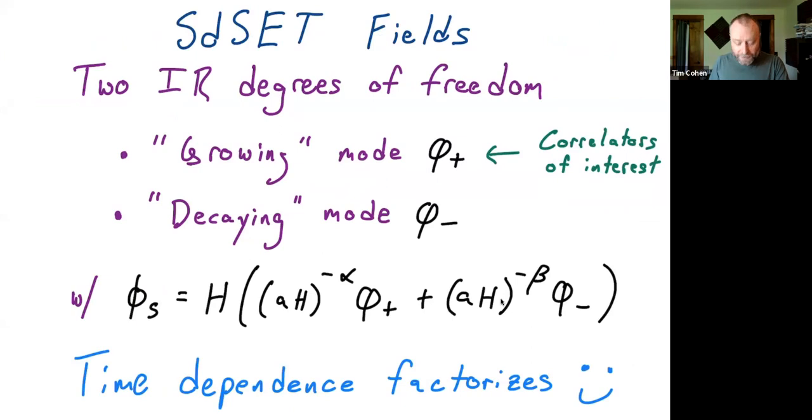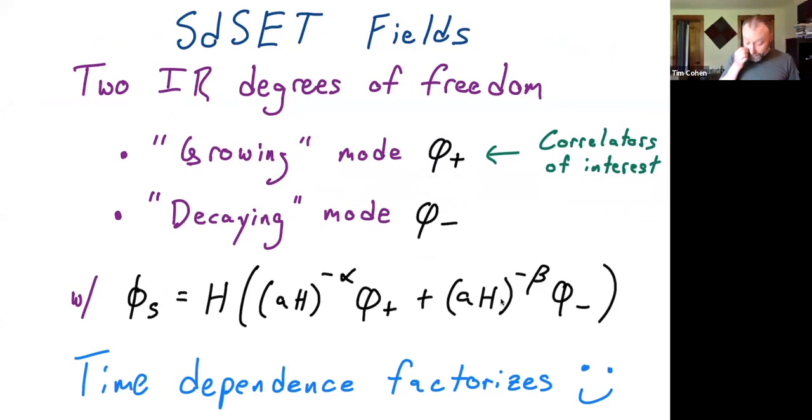So what are these phi plus and phi minus? They're the two IR degrees of freedom that come from solving the Klein-Gordon equation in de Sitter space. In the cosmology literature, they're often referred to as the growing mode, which is the one we call phi plus, and the decaying mode, which is what we call phi minus. It's the correlators that determine the observables for the CMB, for example, that come from the growing mode, okay?